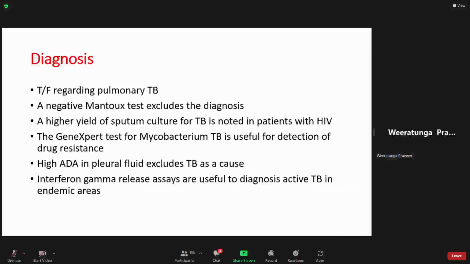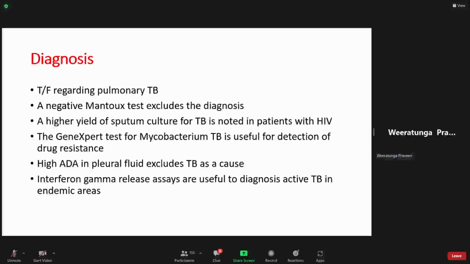Now, how do you diagnose? The gold standards of diagnosing tuberculosis are sputum AFB and culture. If you take culture for tuberculosis, there are various types. The classical microbiology culture is the LJ medium, Lowenstein-Jensen medium. That culture takes about 4 to 6 weeks.